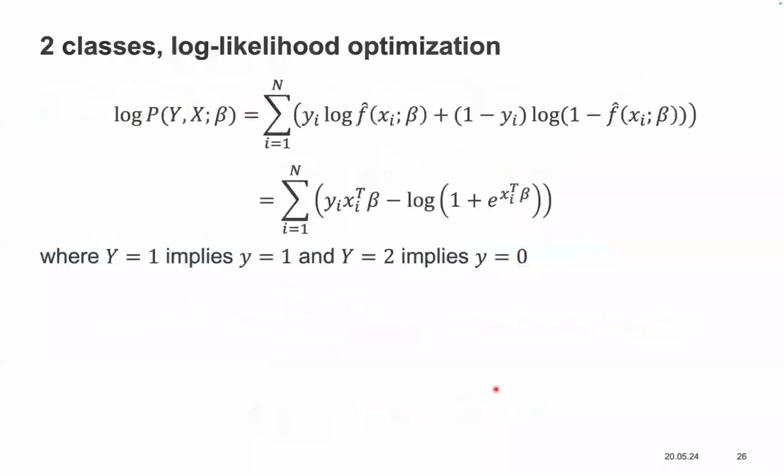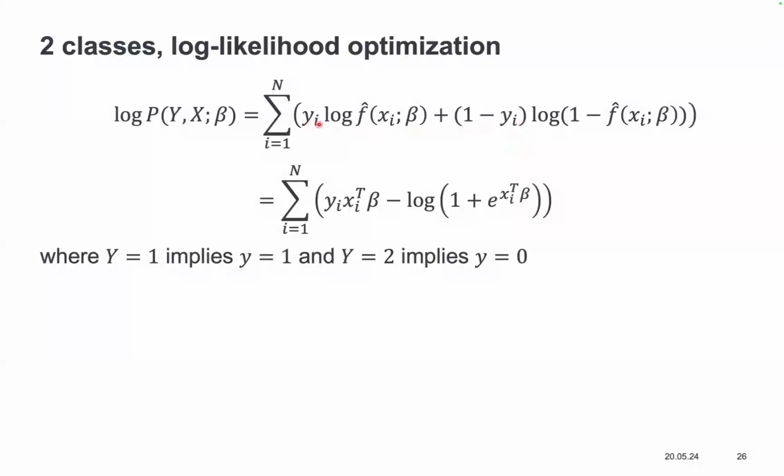Now, what does this mean for two classes where we do the same approach? Well, for two classes, we always have the one class that has a certain probability, and then the other class has 1 minus this probability. So we have a simpler expression. We don't sum from 1 to k, but we just have class number 1 here, class number 2 here.